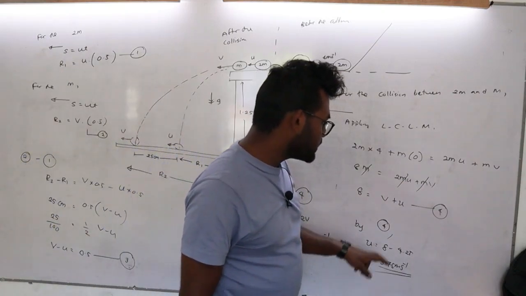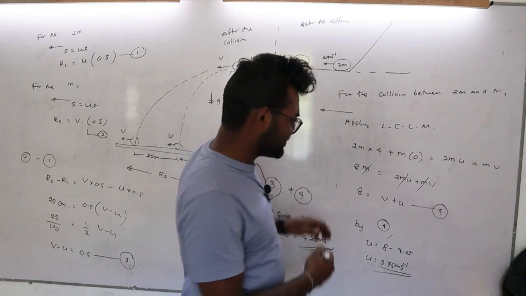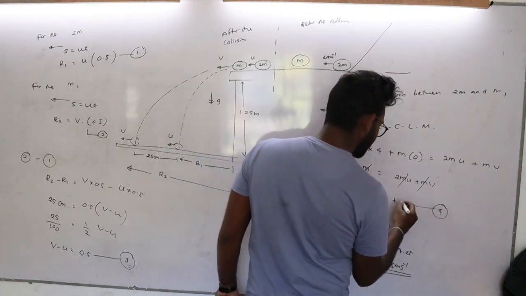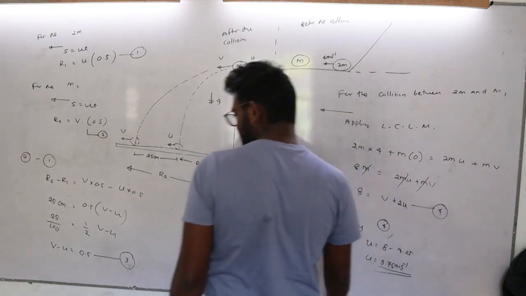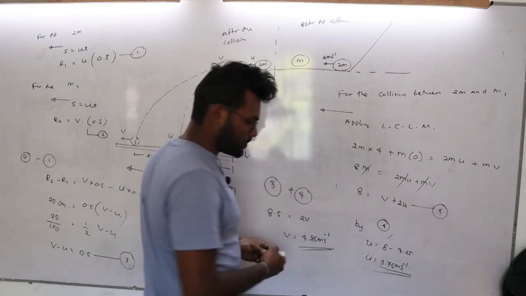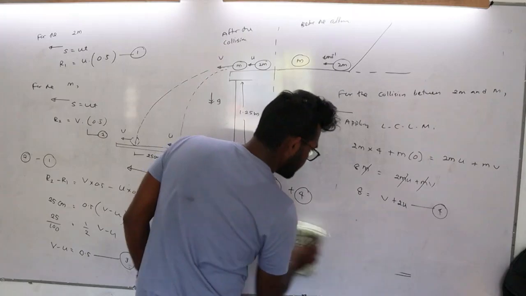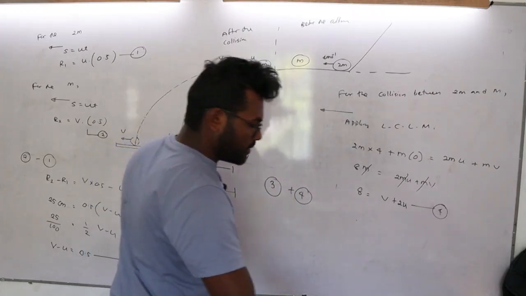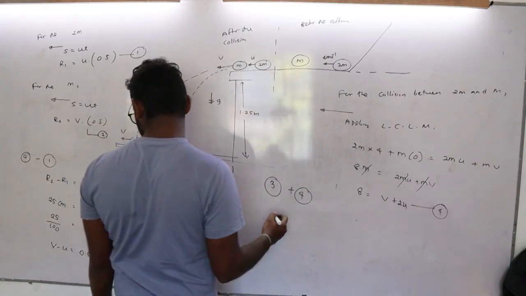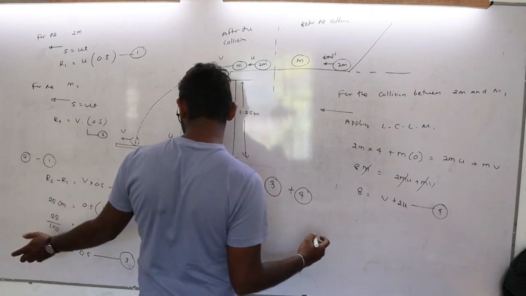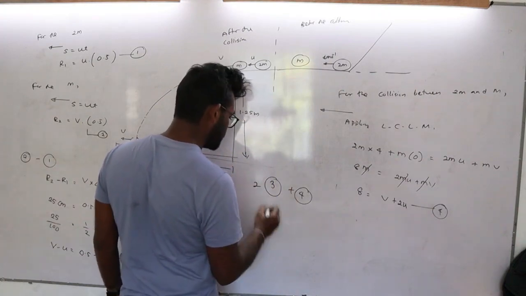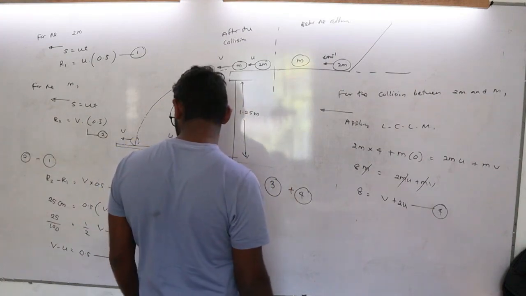Sorry, this one. Oh guys, sorry. This has to be 2u, right? Oh, yeah. Plus 2u, yes, then it should be 3 into 2 plus this.